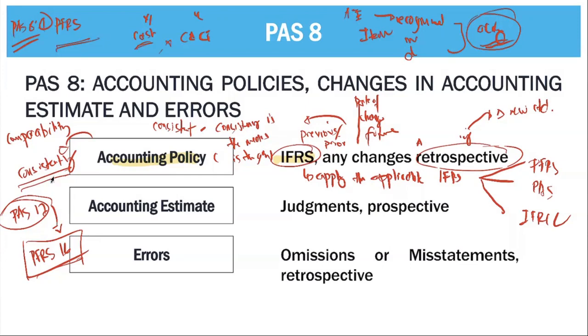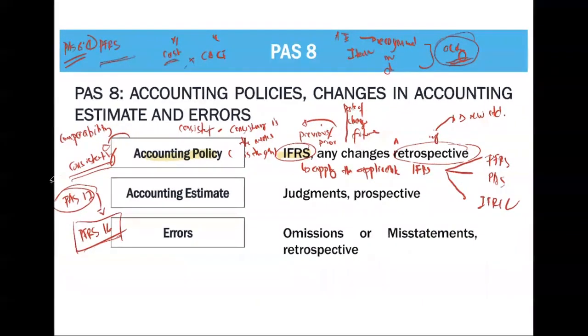But actually, PAS 8 provides that it is not only during a change of standard that there will be a retrospective change or a change in accounting policy. If a better information results pursuant to a new accounting policy, you can also make use of that. Why? Because as a rule, you should use IFRS or PAS, but you can also deviate from that. Sir, what do we mean by deviate?